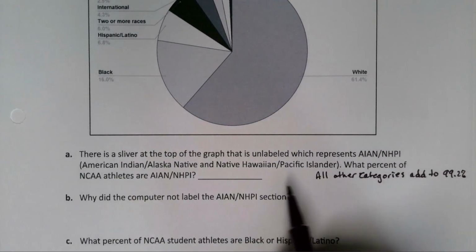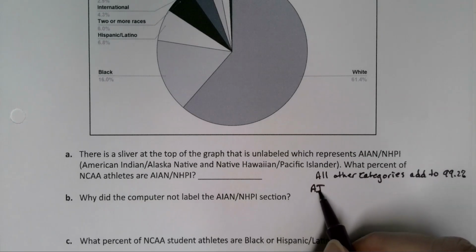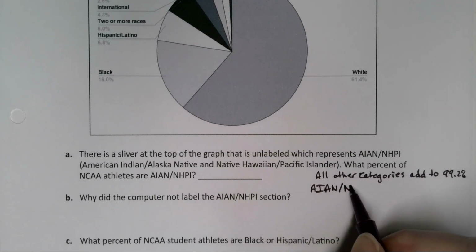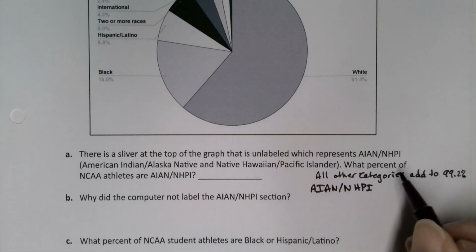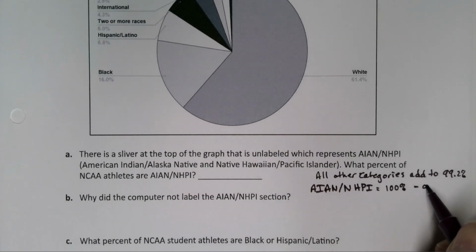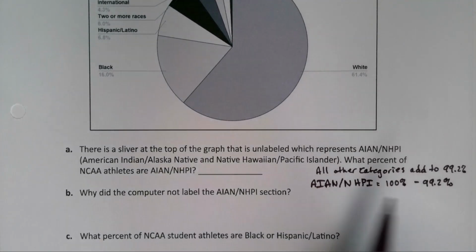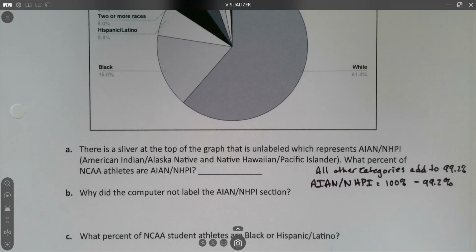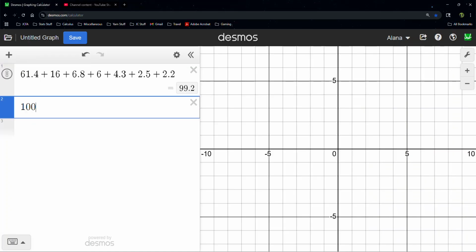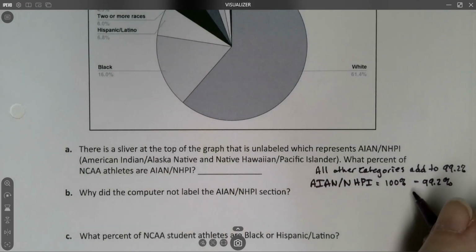Then to find out for AIAN and NHPI, we're going to take the 100% and subtract away what everybody else added up to, which is 99.2%. And that would make 0.8%, right? If you take 100 and subtract 99.2, you get 0.8%. Okay, so this is 0.8%.